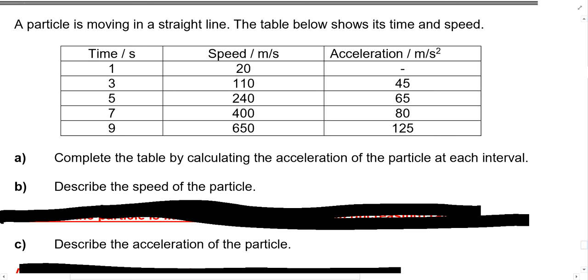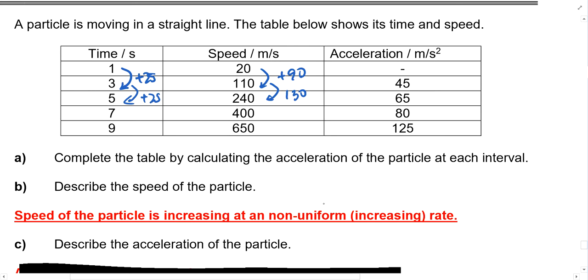Is it increasing? Yes, it is increasing, but is it increasing at a constant rate? From here to here, plus 2 seconds, the speed increases by 90. Here to here, 2 seconds again, but the increase is 130. Now I can tell that it's not at a constant rate already. So we say the speed is increasing at a non-uniform rate.